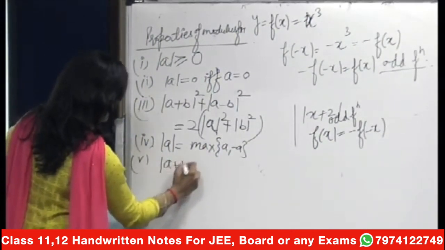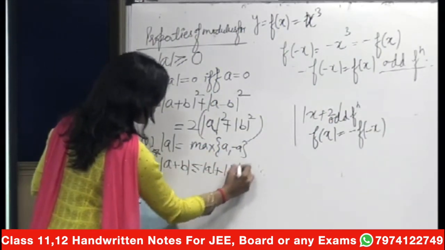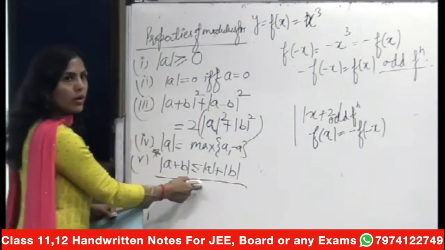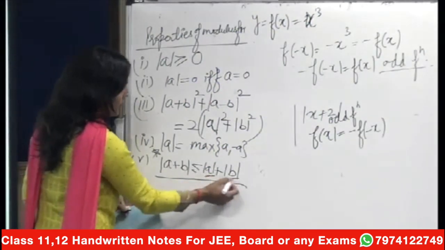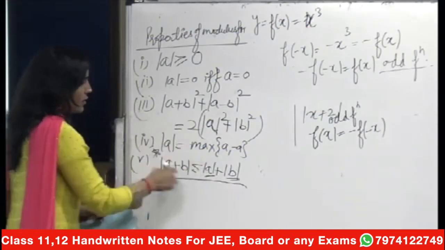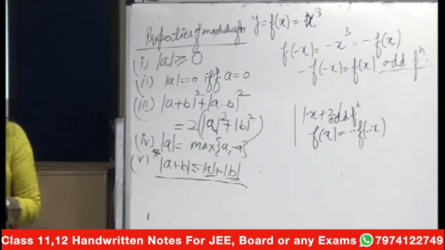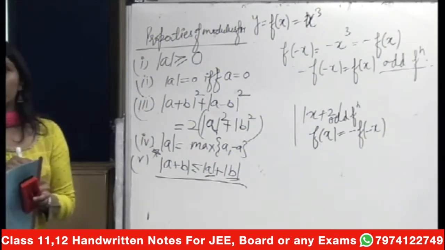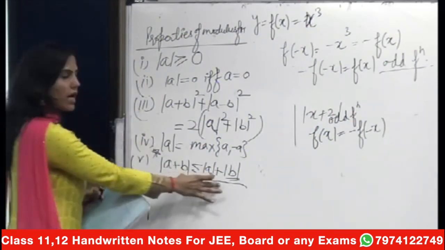Now, fifth property. This is an important one. This is basically the triangle property, triangle inequality. The sum of two sides is always greater than or equal to the third side. Then only we can form a triangle. This is the condition for a triangle. You know this? The sum of two sides should be greater than or equal to the third side to have a triangle. So in modulus we have this property.